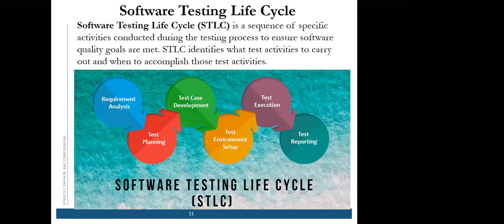Once the test cases are ready, they can be reviewed by our peer members, or a QA lead will review those test cases, and the requirement traceability matrix is also prepared, which is called RTM, right? Requirement traceability matrix.